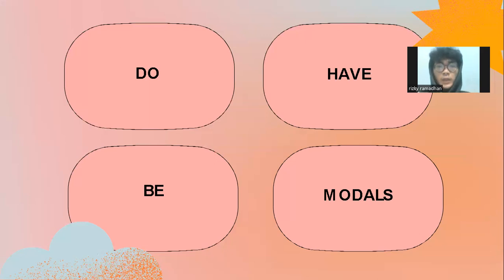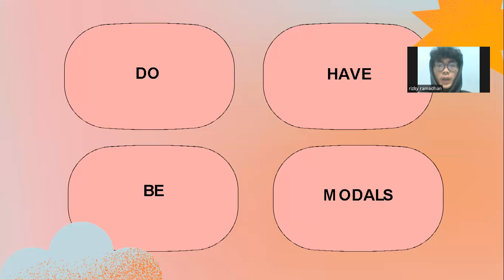Third component is have. Have is an auxiliary verb which includes have, has, and had, which is used by adjusting the tenses used. Have is used in present and future perfect tense, has for present perfect, had for past perfect.